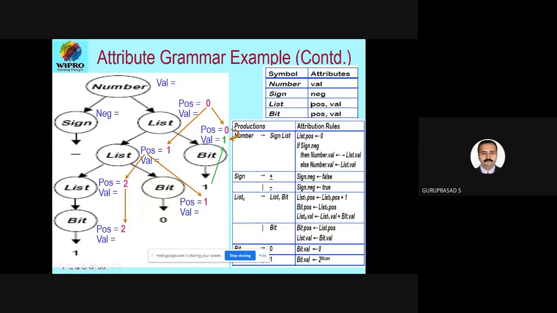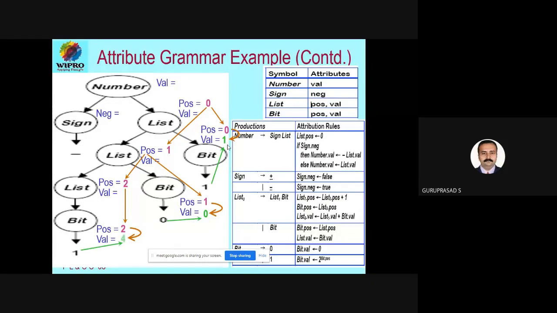2 to the power of 0 gave me 1. I didn't get this 1 from the bit value. Bit dot val is computed from bit dot position. Next, here list is producing list bit. Position is equal to 1, but the bit dot val is equal to 0. So because of 0, the val remains 0.